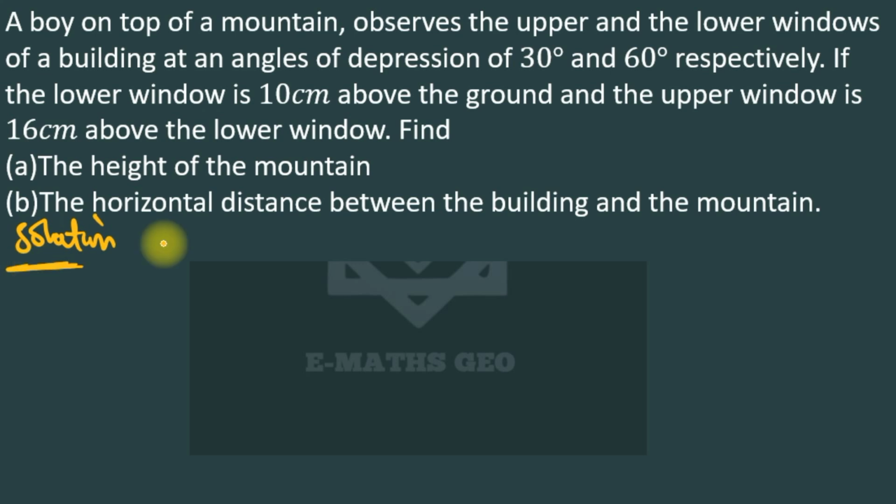So we'll start by drawing a neat diagram. Okay, this is the building. We have the upper window to be this, while the lower window is that.